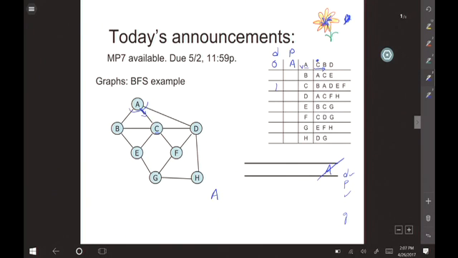I'm going to make A the predecessor of C. I'm going to mark C as visited. I'm going to mark the edge between A and C as a discovery edge. So that's the part we didn't talk about before because we had no edges.